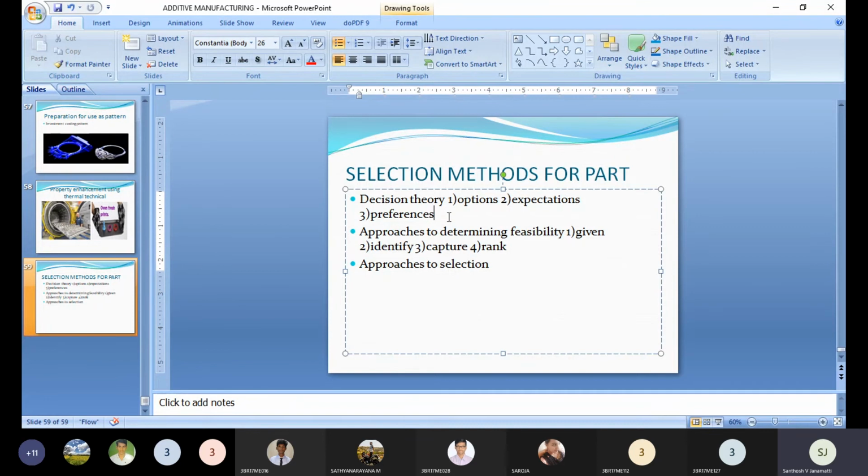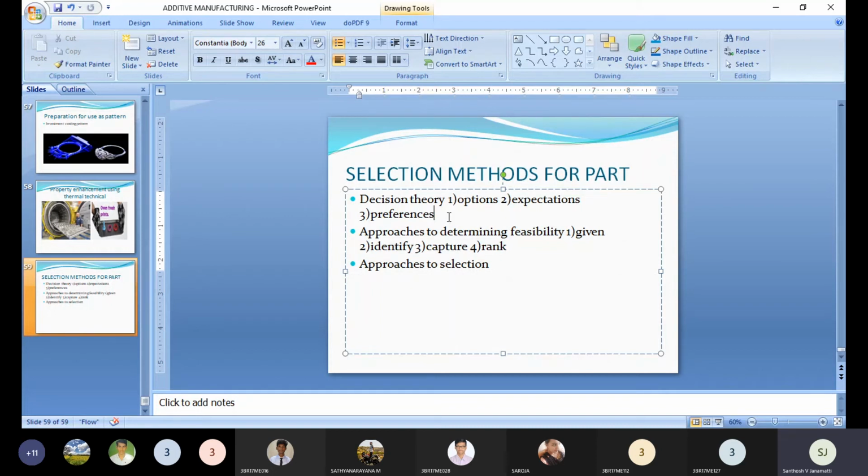Directly, the customers give us a preference, or else we have options. Both options are right. Both options take us in the correct direction, but which one is preferred first? That's very important. Here this decision theory also includes the preferences.